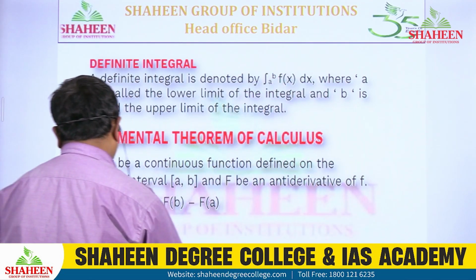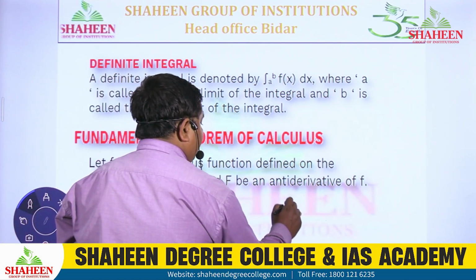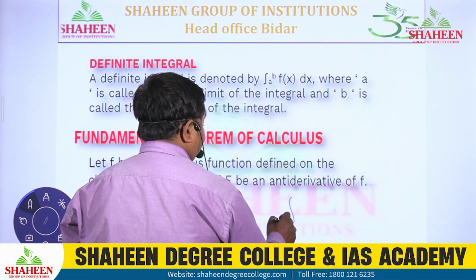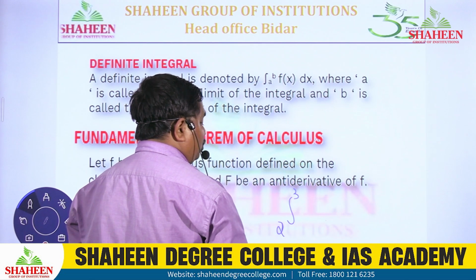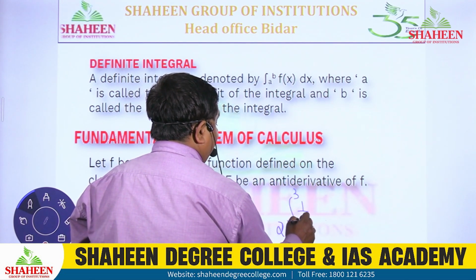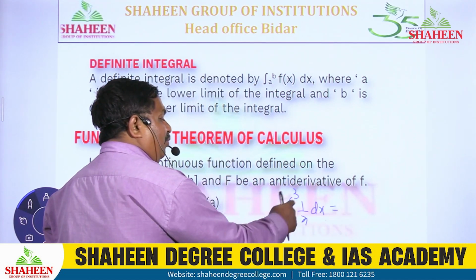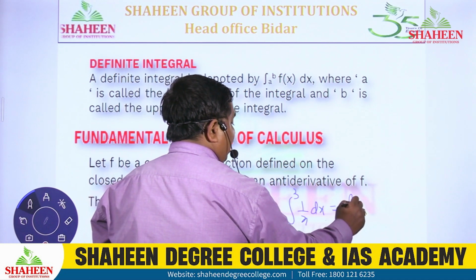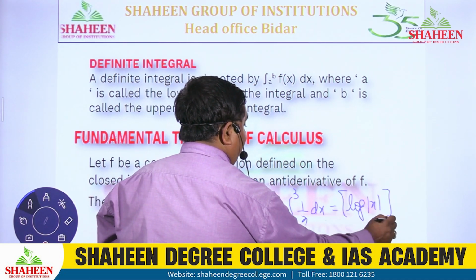For example, we have integration from 2 to 3 of 1 by x dx. Then it is equal to, first we have to integrate this 1 by x dx. The integration of 1 by x is log x, and the limit is from 2 to 3.